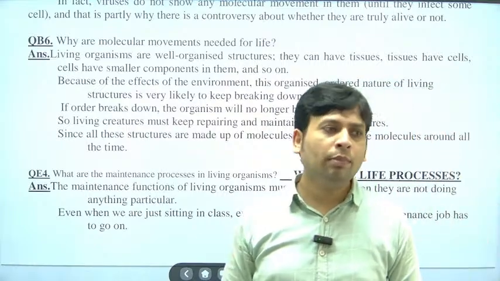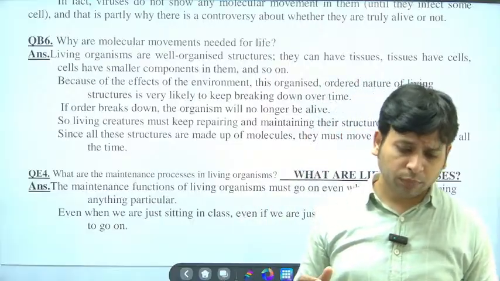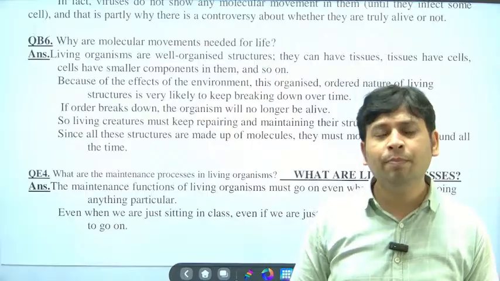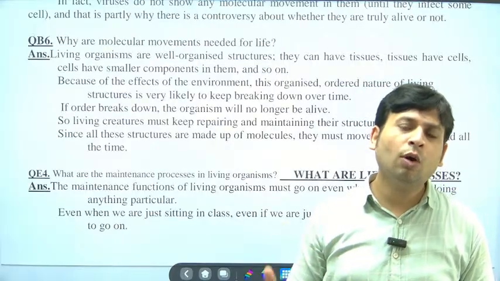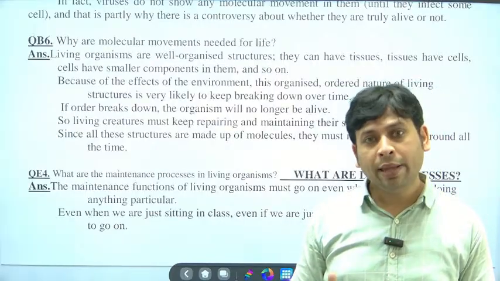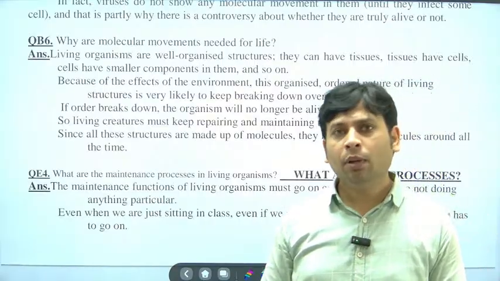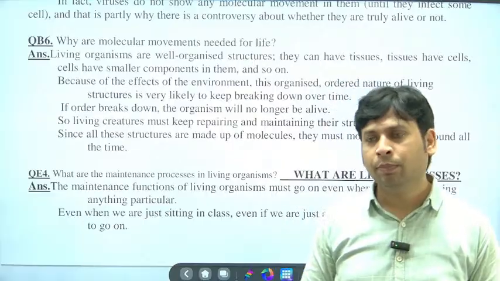Some organisms are made of only one cell, they are called unicellular organisms, but some higher or developed organisms are made of many cells, they are called multicellular organisms.